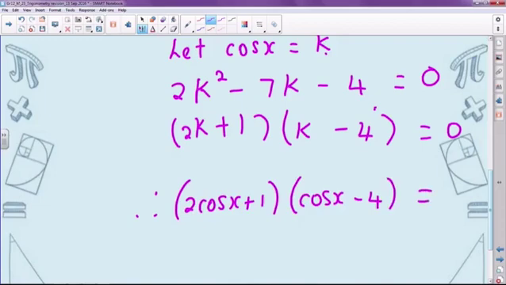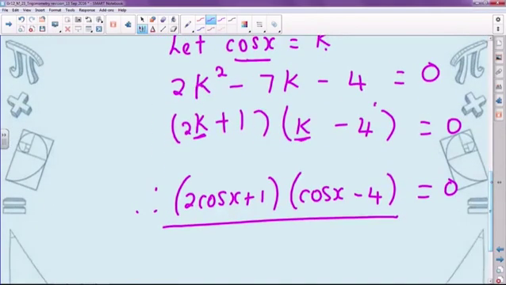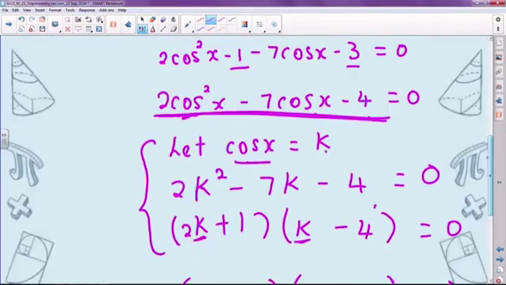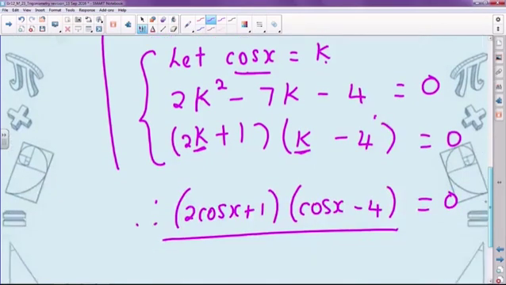Hopefully you are all following and you understand that all I've done there is replace the k with the cos x that we said it must be equal to. This is now the factorized form of that trinomial. Okay guys, so this in between is an optional step. You can go straight from there all the way to the final factorization.